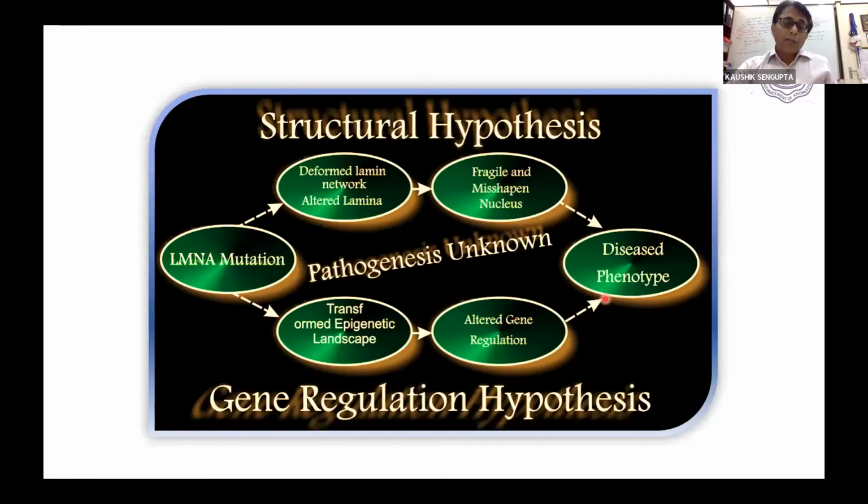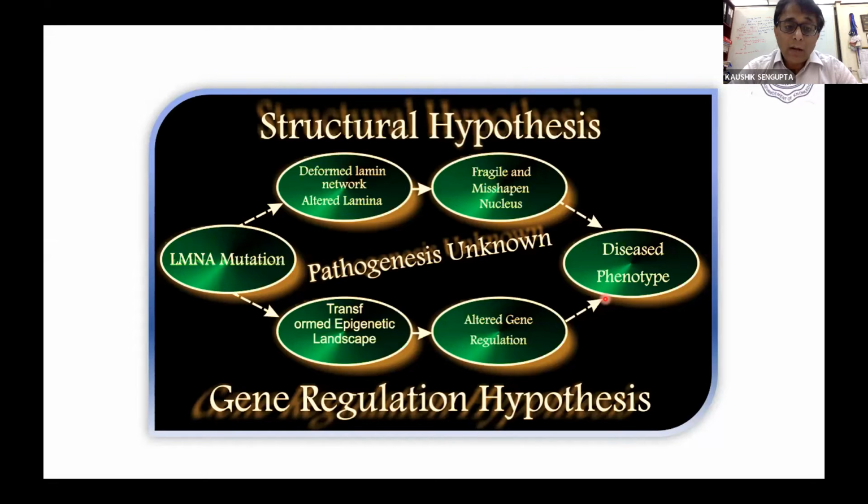So our hypothesis for the lamin A mutation-based studies, that is cardiomyopathy and EDMD, lay in the fact that we chose to address two pathways. One is that lamin A mutation leads to mechanical changes due to the deformed lamina, which most of us have reported in a consensus manner.